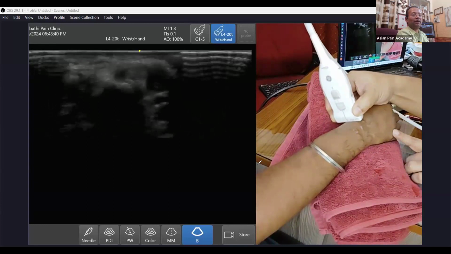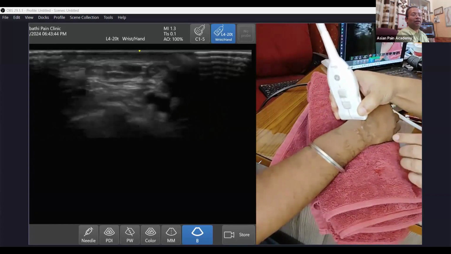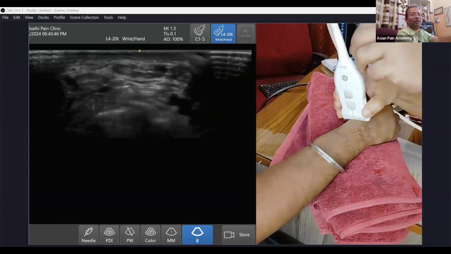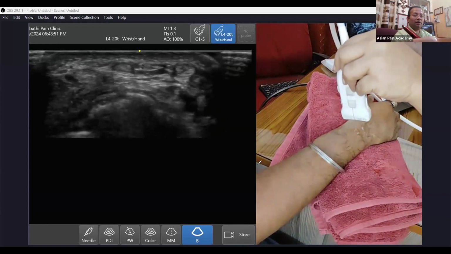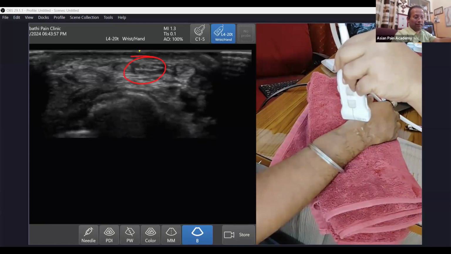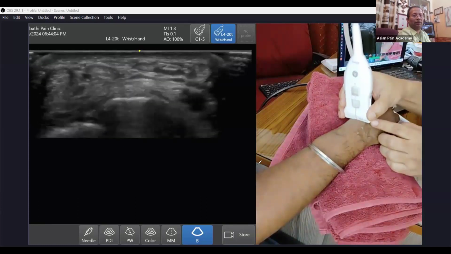So this is nothing but the superficial radial nerve. After some time it is visible. I have come too much distal, but I think we can see.